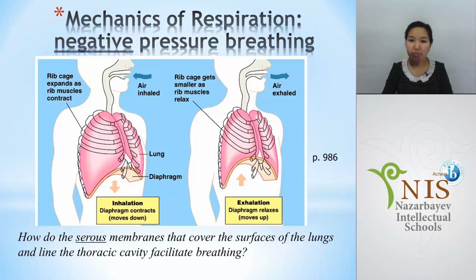In that situation, the diaphragm contracts. It means the diaphragm moves down. And then when we exhale, air should be exhaled. But for that we should start from the diaphragm. The diaphragm should relax. It means it should move up.